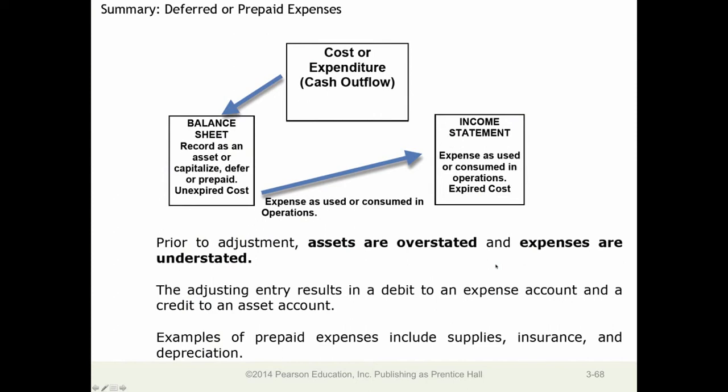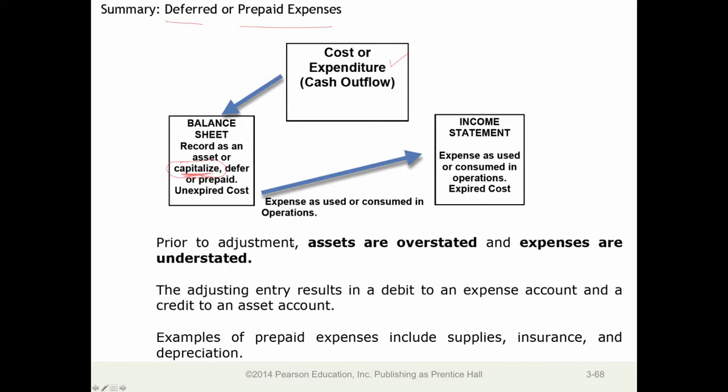So to summarize, our deferred or prepaid expenses: we have an initial cost or expenditure, and that's our cash outflow. It is recorded on the balance sheet as an asset. When we record an asset on the balance sheet, the term capitalize is often used. So when you increase an asset, we sometimes use the term capitalization.